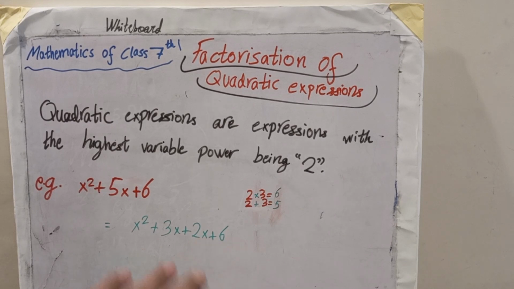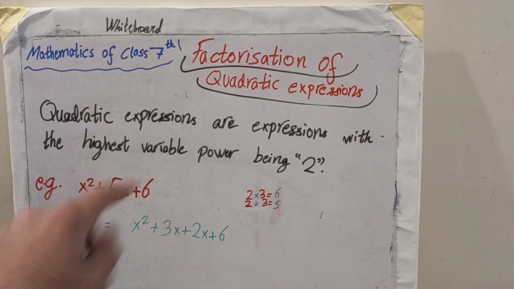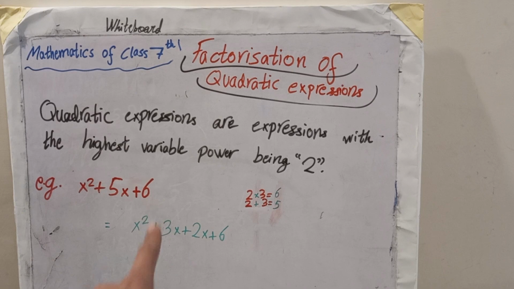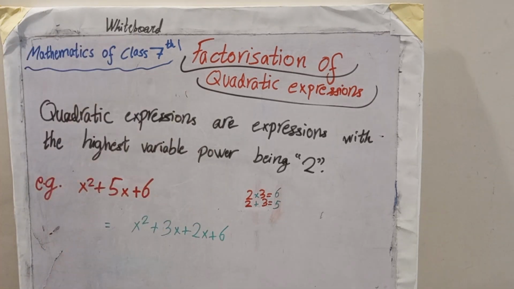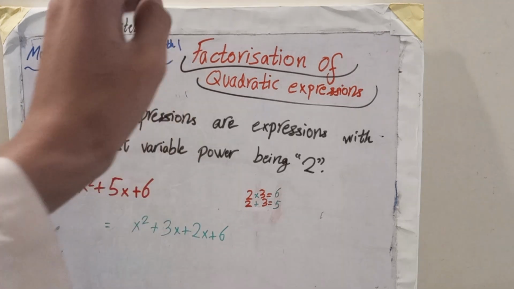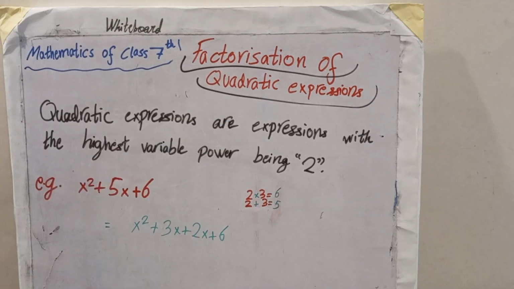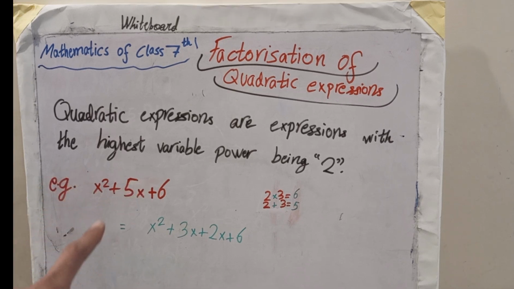So here's the first step, and you might have seen that we've written a 3 and a 2 instead of the 5. It's pretty simple if you look at it that way, because 3 plus 2 makes 5, and we are going to do the opposite of expansion, because factorization is basically the opposite of expansion and simplification. So to solve the first step, you must know two numbers which, if multiplied, give you the last term, but if added, give you the middle term.